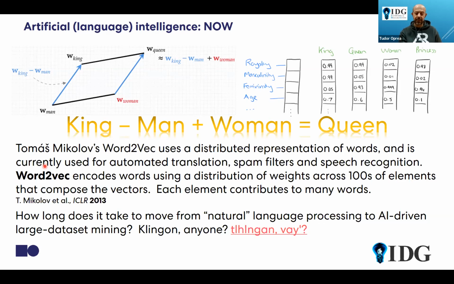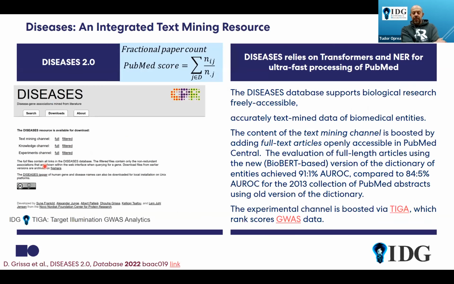My colleague Lars Jensen in Denmark has been using BioBERT, which is one of the language transformers based on this technology from Tomasz Mikolov. It is a system that Lars has developed over the last decade or so, that every weekend goes through PubMed and uses named entity recognition and tags diseases and proteins.